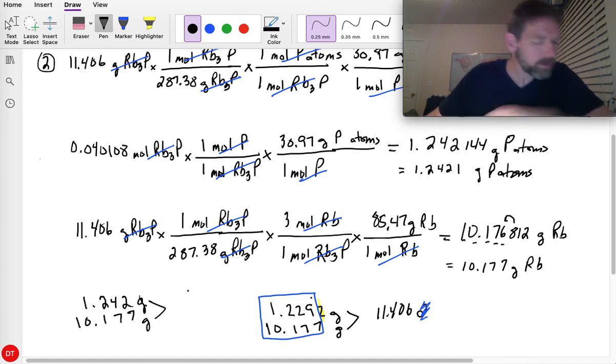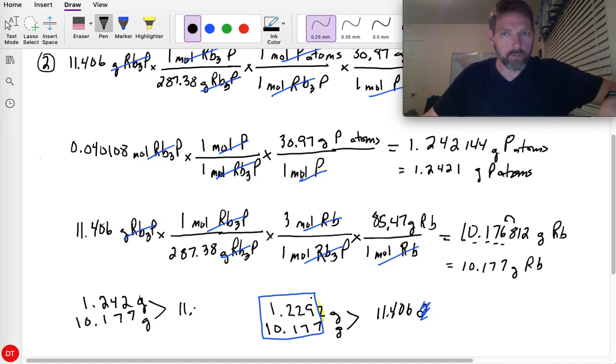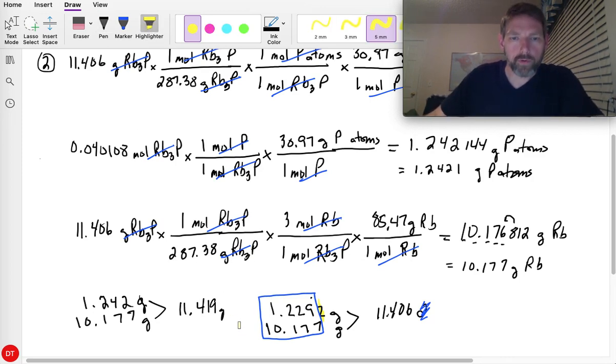Add all that together, we get 11.419 grams.